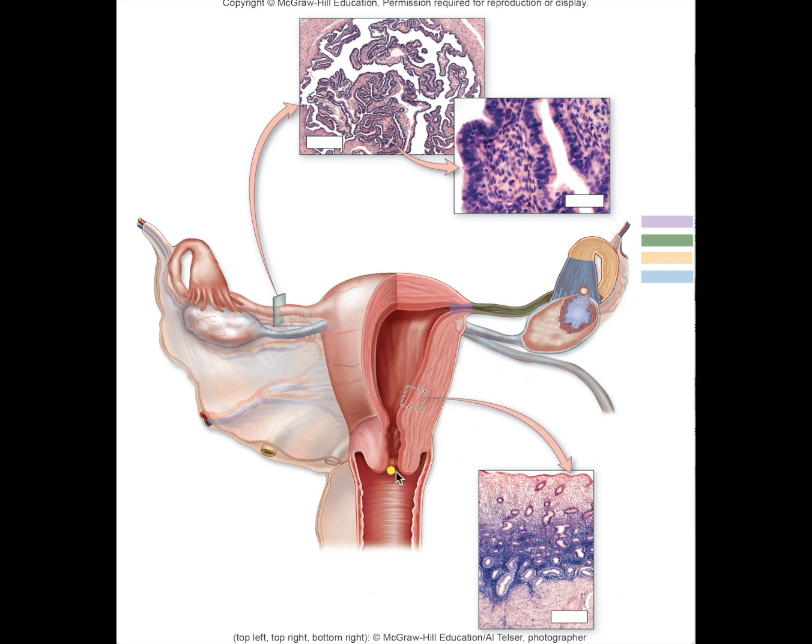This cervix is actually important in reproduction. The external cervical os is like a donut-shaped opening into the cervix and then into the uterus. At different parts of the menstrual cycle, the cervix will do some different things.